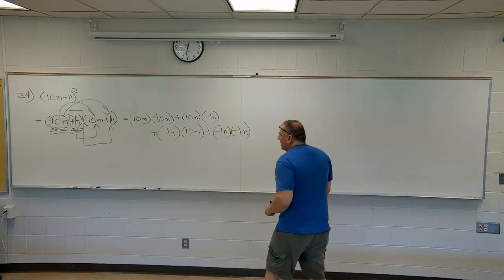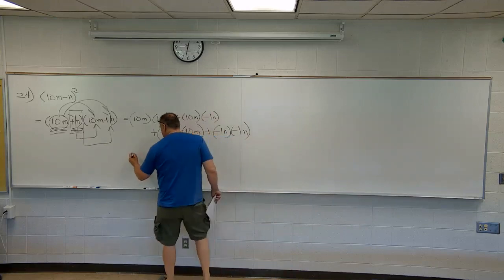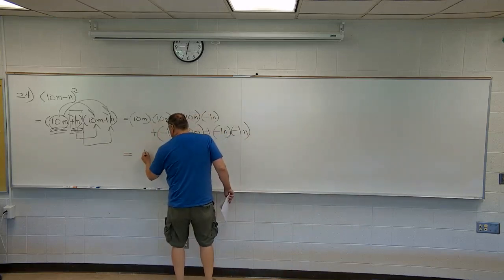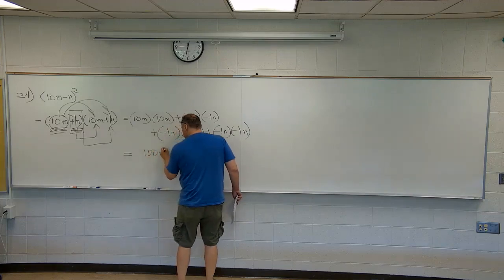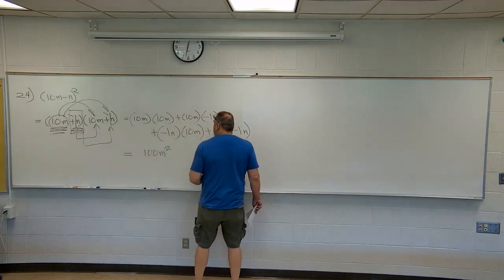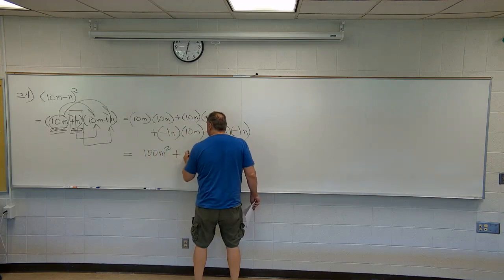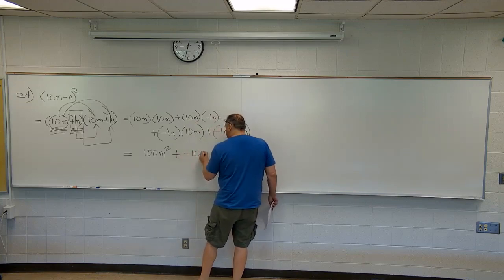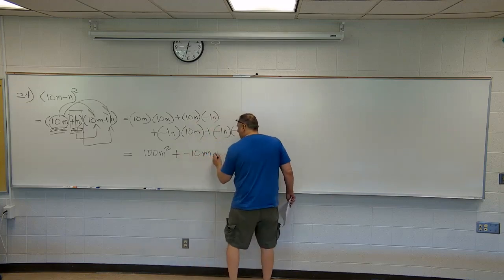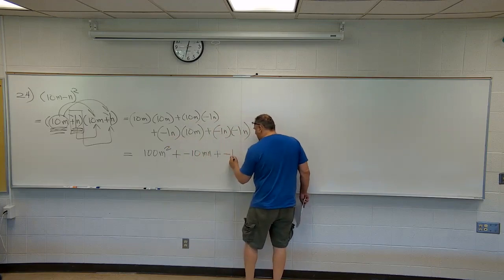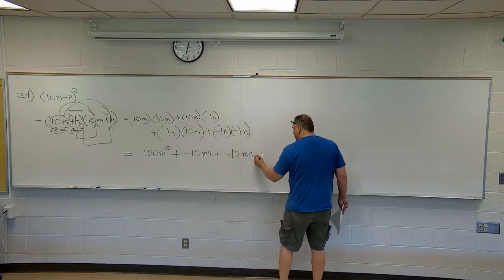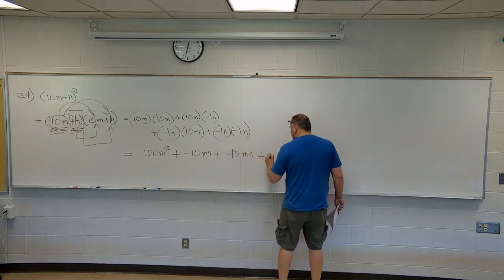Let's see what we got here. 10m times 10m is 100m squared. Numbers with numbers, letters with letters. 10m times negative 1n is negative 10mn. Do this right here, it's the same thing. They don't cancel out. Negative and another negative is even more negative. Negative times negative is positive.